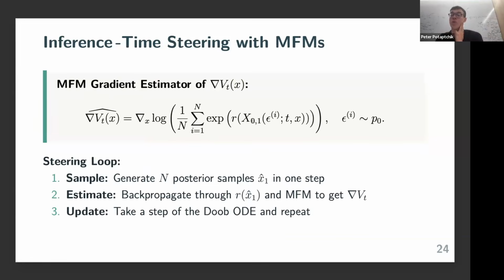I push them forward in one step to posterior samples from the posterior conditioned on this noisy observation, log some X to get an estimate of the value function, and then I just take the gradient. And so at each step, when I'm trying to integrate the Doob ODE, I'm going to estimate the gradient of the value function. And now I have an estimate of my drift. And I'm just going to use this in my drift for the ODE.